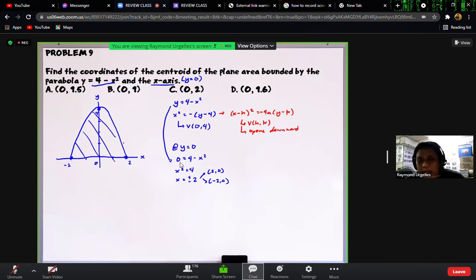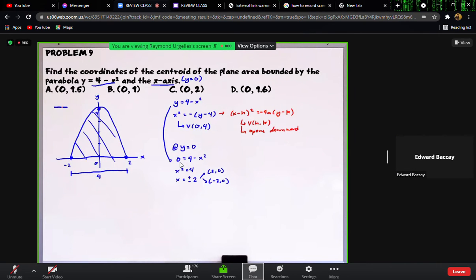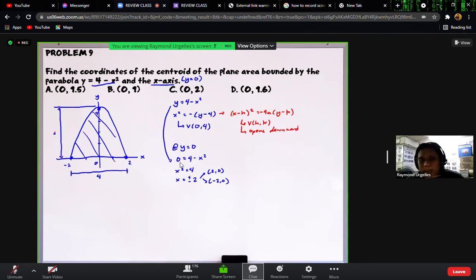For the area, kung gusto nyo i-integrate, kayo na yung bahala. Pero since alam na naman natin yung direct formula, gagamitin ko na diretso yung direct formula dito. So again, this is 4 units, this is also 4 units.